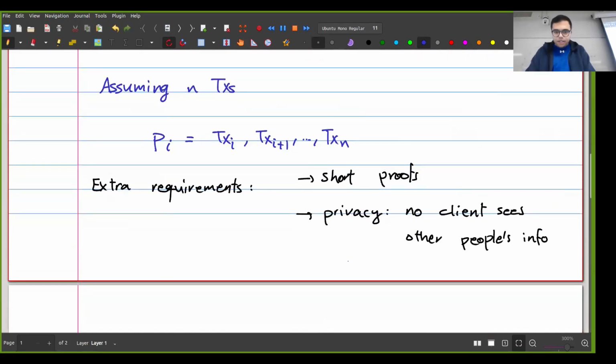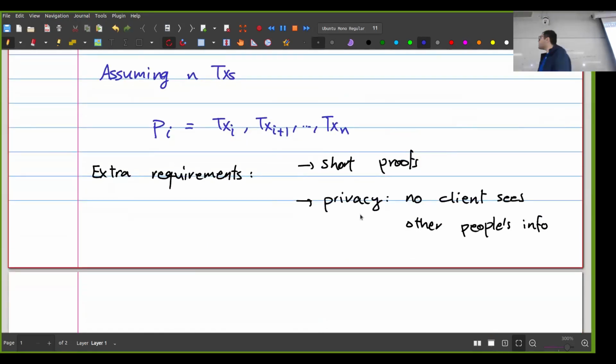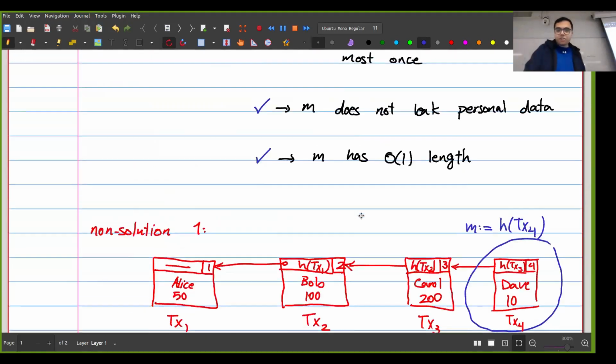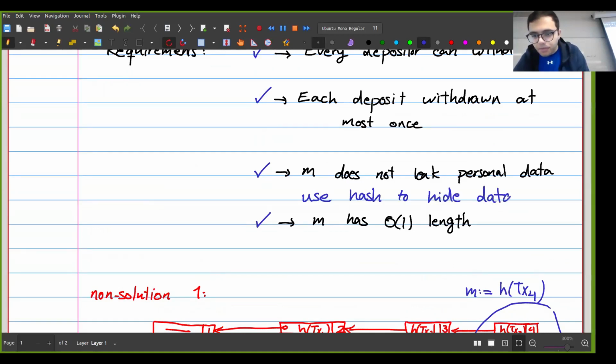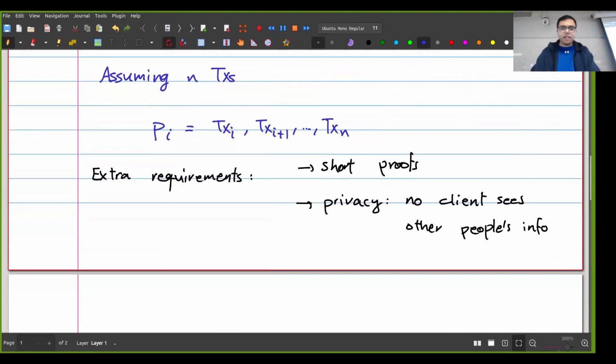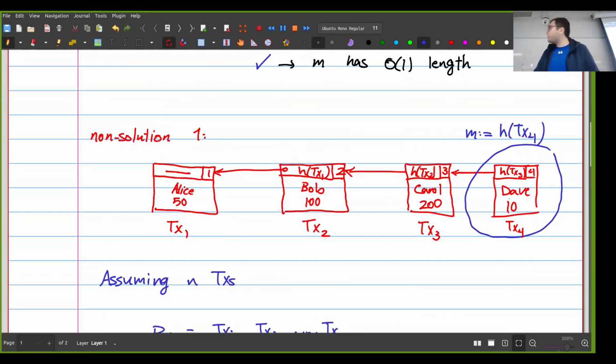So now here, for privacy, I need something very similar. It's just that I want to make sure that none of the clients can see anyone else's information. So maybe I can again use hashes. So the idea here is to use hash to hide data. Okay. So what was our problem here? Why were we leaking any personal information?